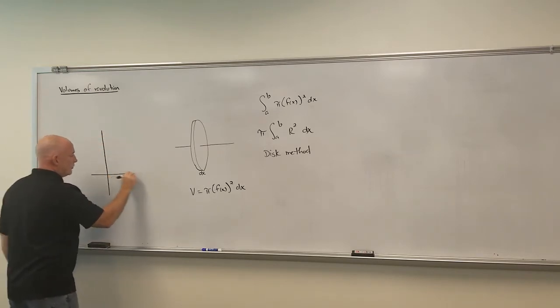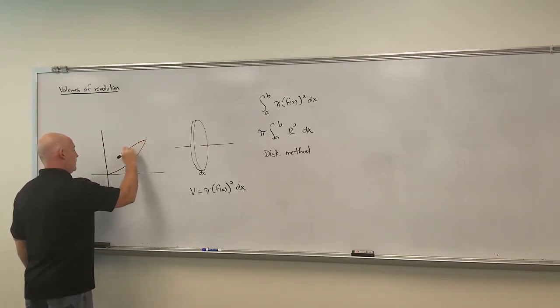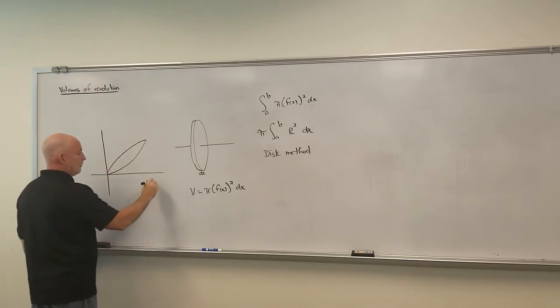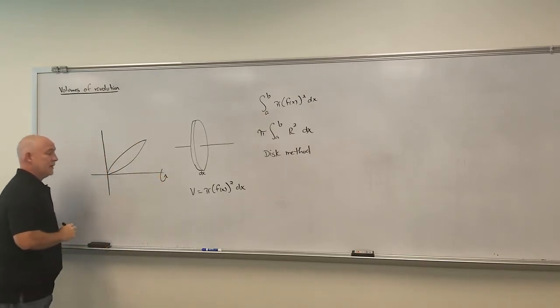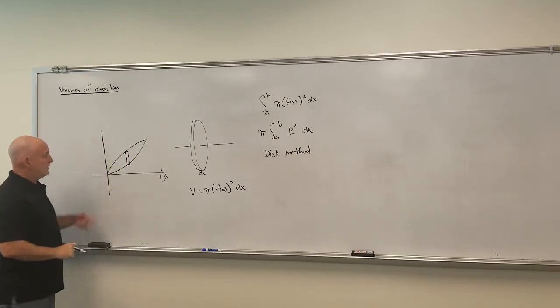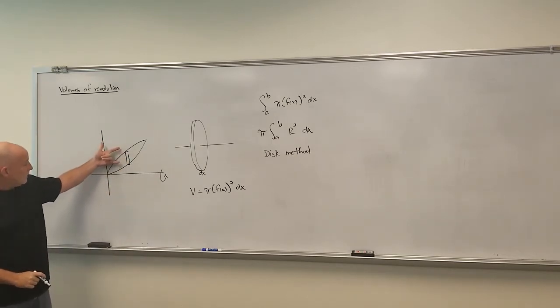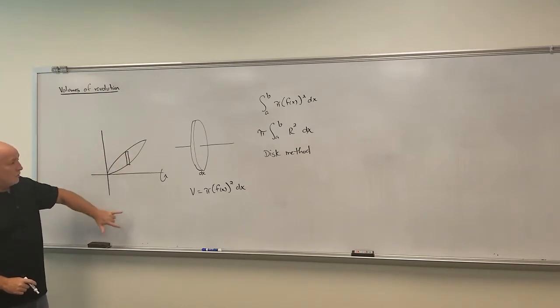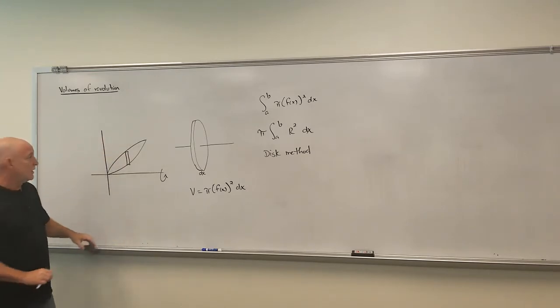Let's take a look if our original picture had changed a little bit. What if our original picture had been something like, that's our region, and we want to rotate that around the x-axis? Well, when you put your representative rectangle somewhere in there, now it has a top and a bottom. If you think about spinning that around the x-axis, what shape would we get?